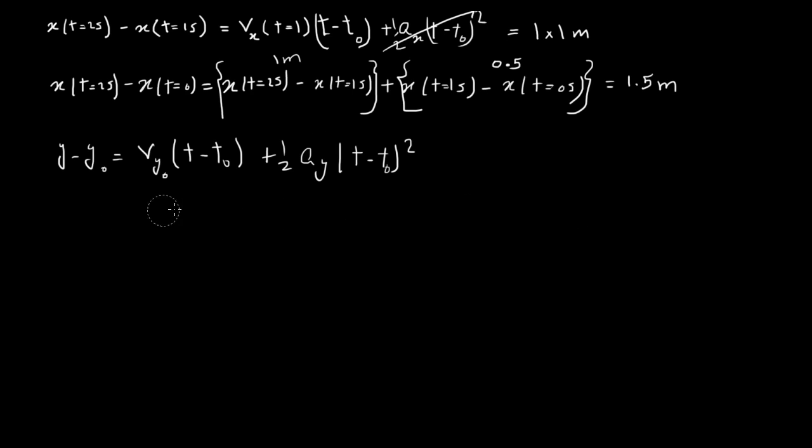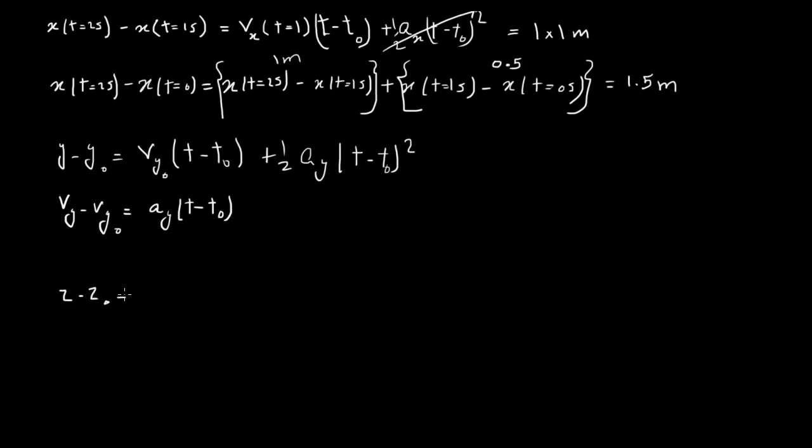So the same thing is for vy. So vy minus vy naught equals ay times t minus t naught, and also the same set of equations is for z.